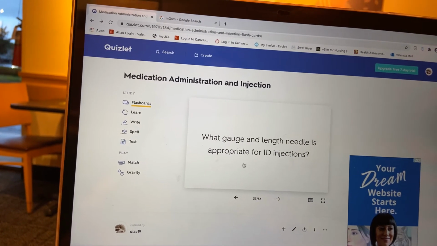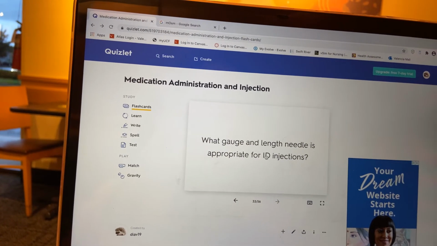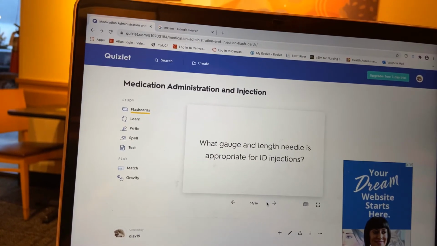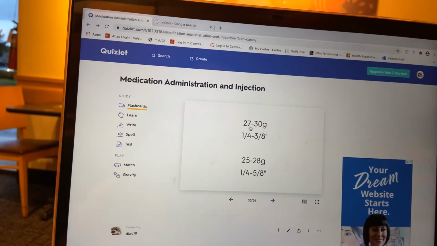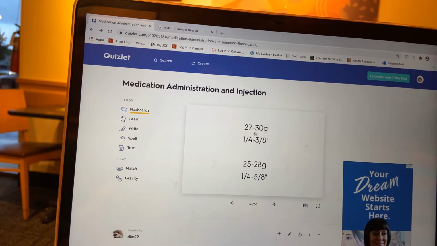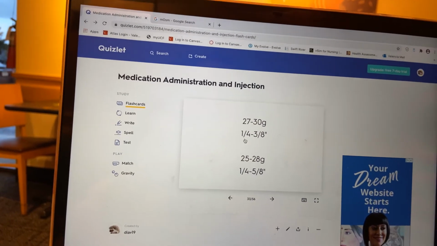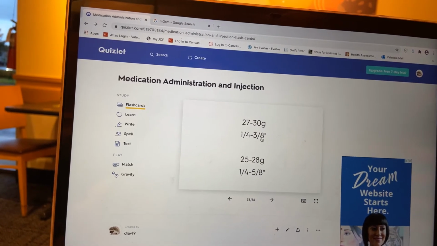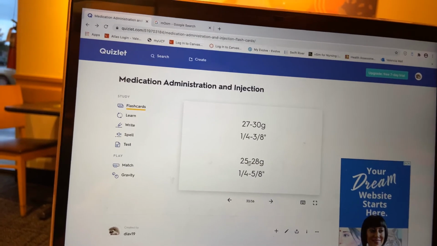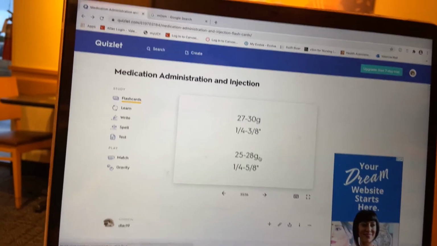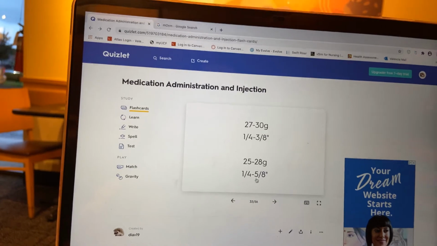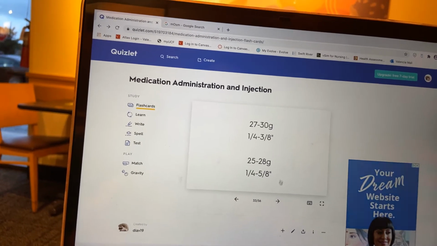What gauge and length needle is appropriate for intradermal injections? 27 to 30 gauge, 1/4 to 3/8 of an inch, or 25 to 28 gauge, 1/4 to 5/8 inch.